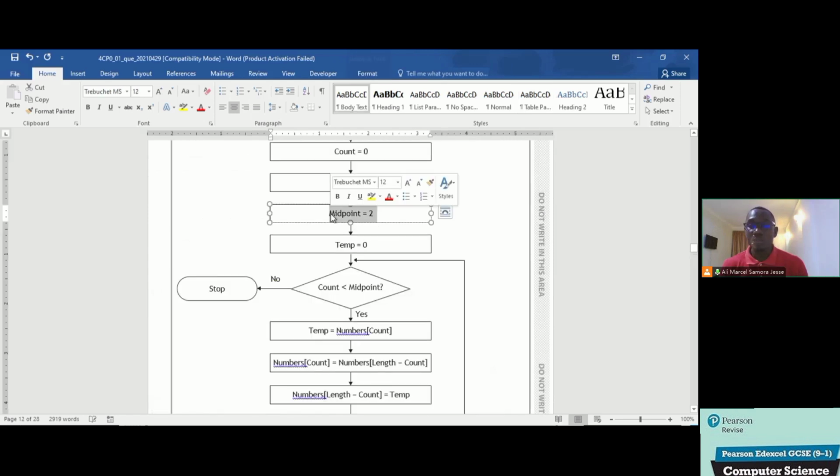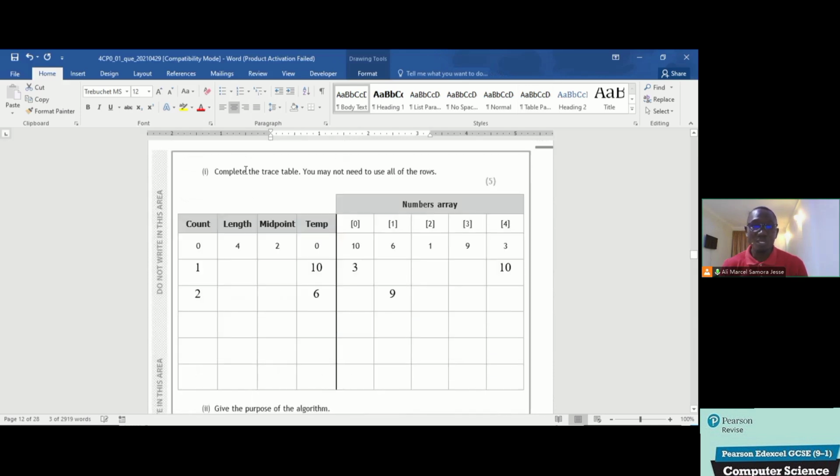It was the target. So that is how this process is done, or tracing the trace table. It is that simple, but very, very tricky. You have to loop it until the point where you are told you have reached the midpoint.